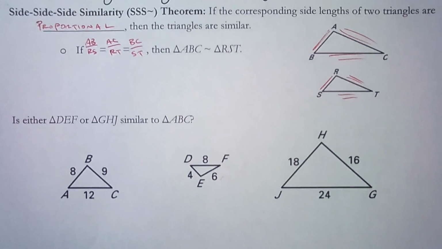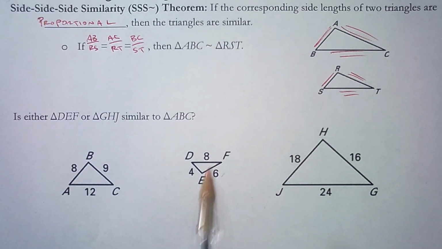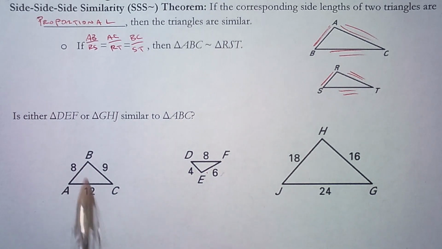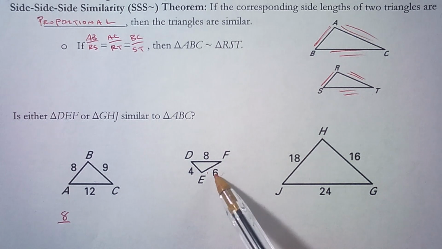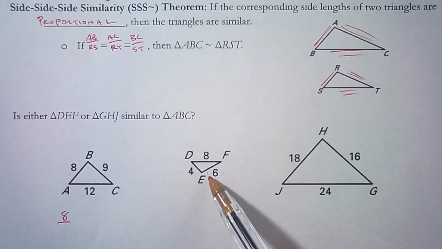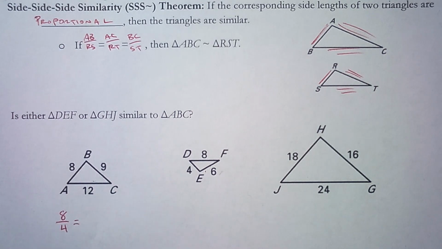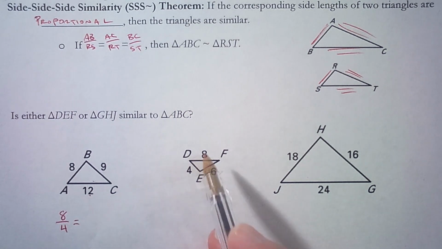So let's see if either of these two triangles are similar to triangle ABC. Okay, so we'll start with the shortest side, which is 8, and put that over the shortest side of triangle DEF, which is 4. Now that needs to be exactly the same as, let's use the longest side, 12 over 8.